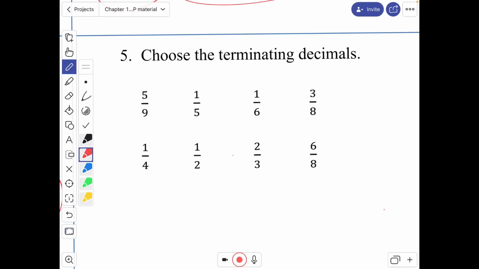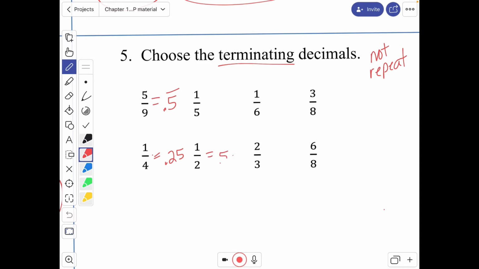Number 5, choose the terminating decimals. Terminating means that they end, not repeating. Well, we know from our list that 5/9 is 0.5 repeating. 1/4 is a quarter.